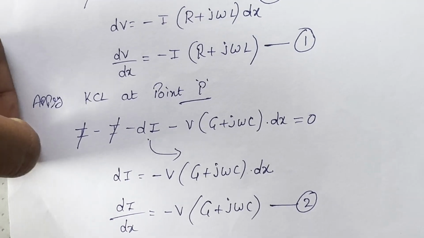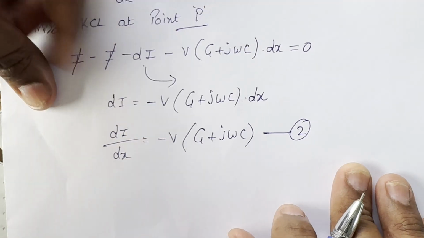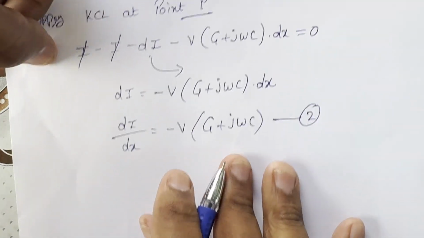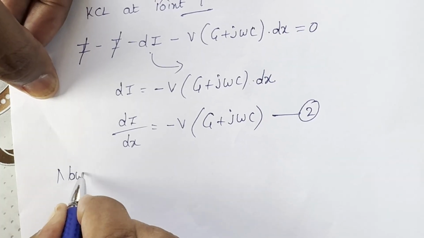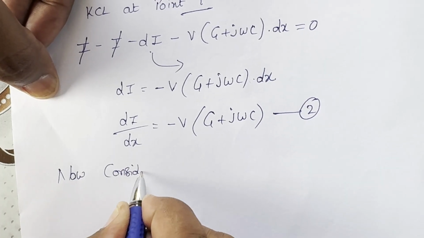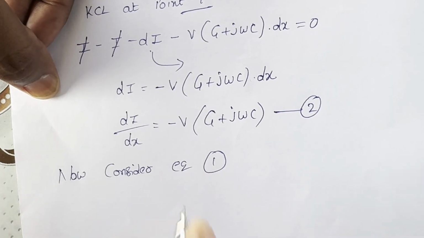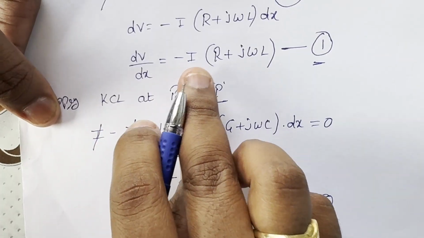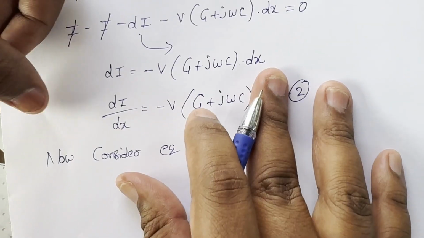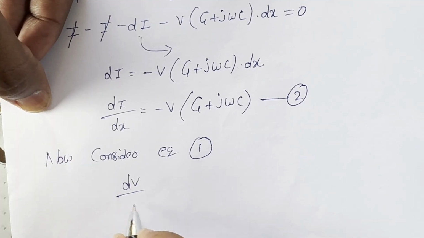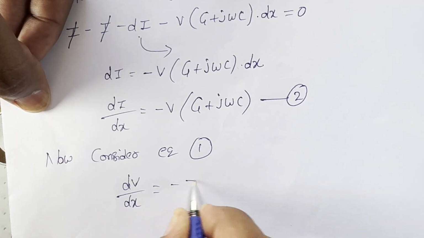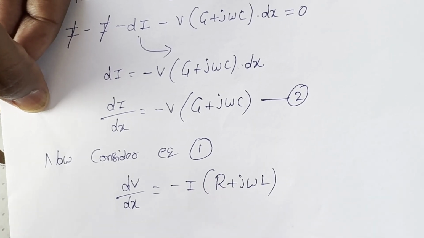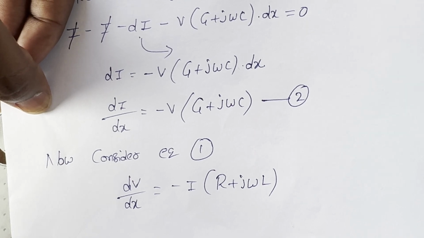Now consider equation 1. Equation 1 is dV by dx equals minus I into R plus j omega L. So dV by dx equals minus I into R plus j omega L. That is equation number 1.